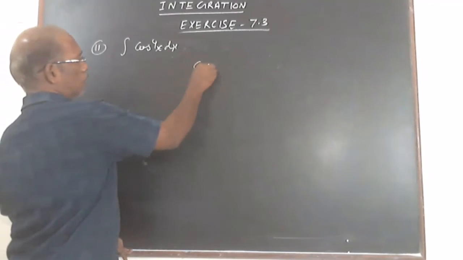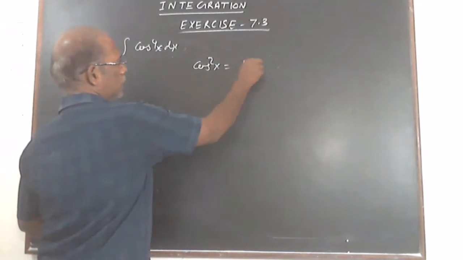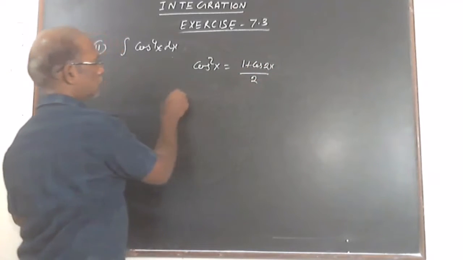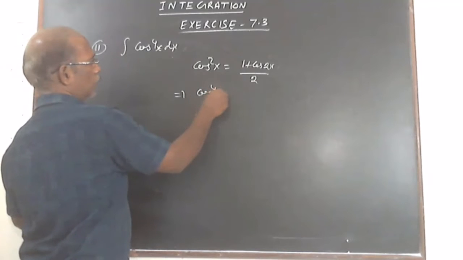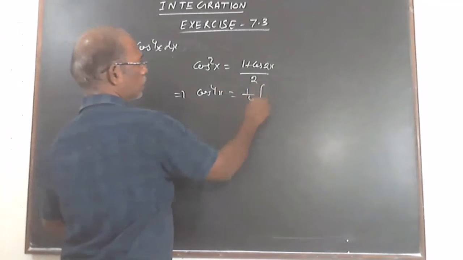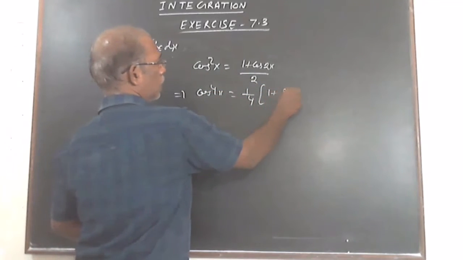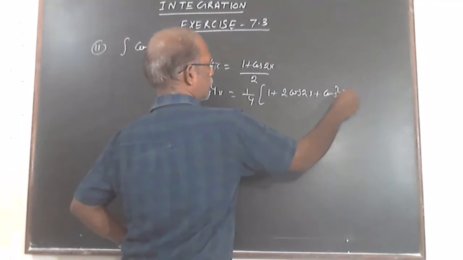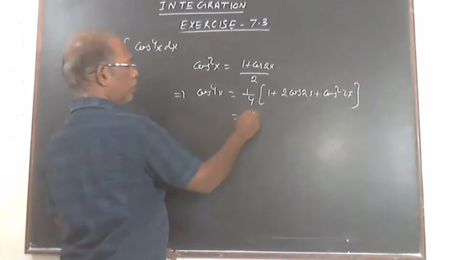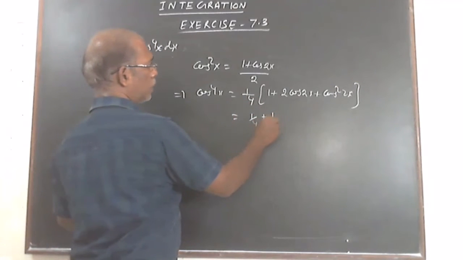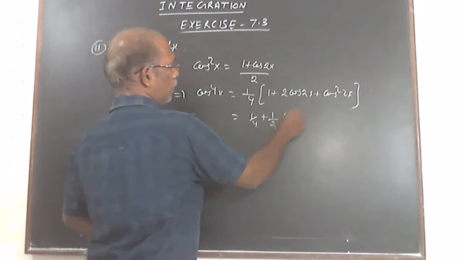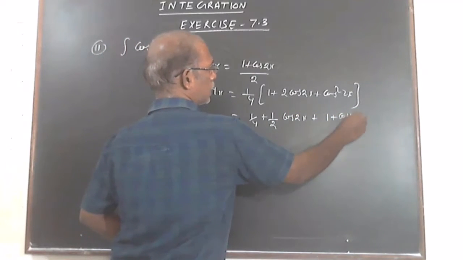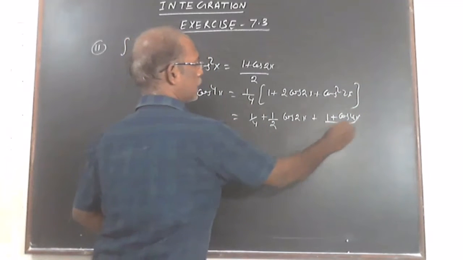Here cos square x is (1 plus cos 2x) by 2, and this implies cos power 4x is 1 by 4 times (1 plus 2 cos 2x plus cos square 2x), which is 1 by 4 plus 1 by 2 cos 2x plus (1 plus cos 4x) by 2 into 4, 8.